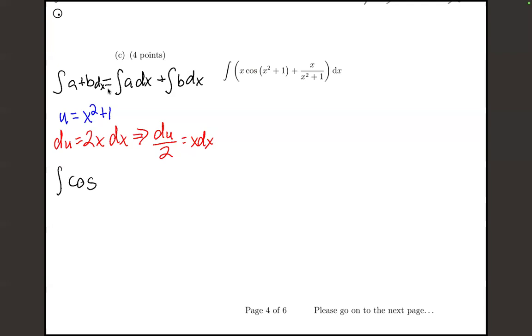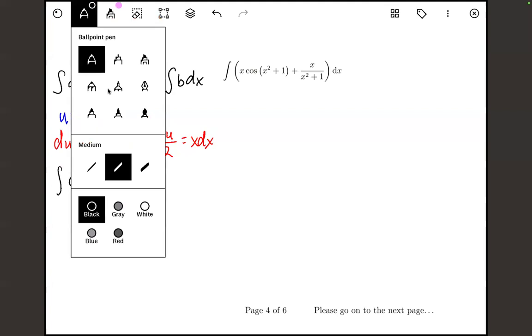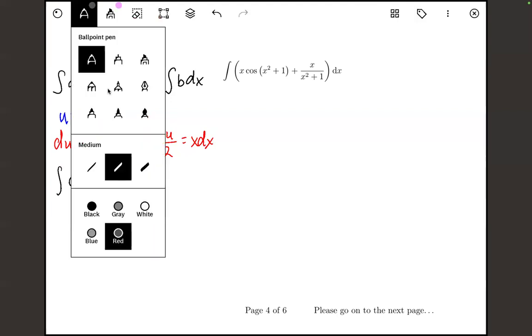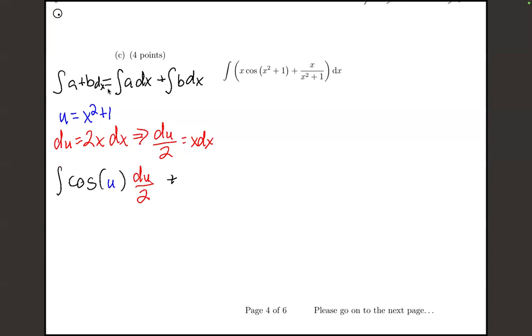Putting that together, I have cosine of u, and then x dx, which equals our du over 2. And then the second integral is going to be, well, since we said u is that, it looks like it's going to be 1 over u.